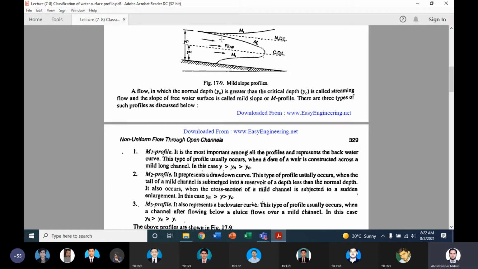The depth of the flow is now below the normal depth line. So normal depth will be greater than the depth of the flow, and depth of the flow is going to be greater than the critical depth because this is the line of the critical depth. Okay, and we see the curve is above this line. So in this case the normal depth will be greater than the depth of the flow, and the depth of the flow is going to be greater than the critical depth.